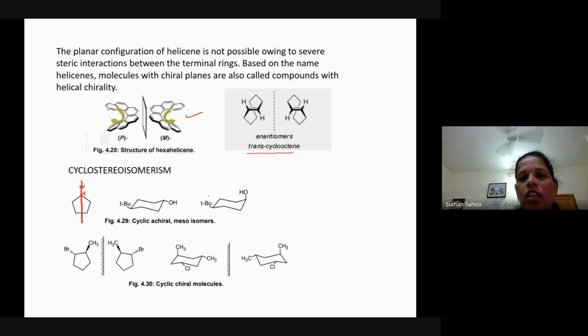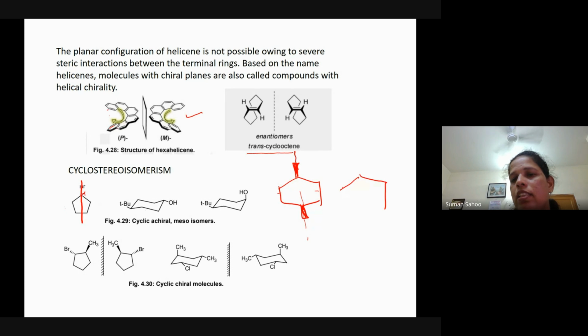In the case of either trans or cis isomers of disubstituted cyclohexane, they are also achiral, which I have already shown you. Whether it is cis or trans, there is a plane of symmetry here. This one is exactly half of the other one.